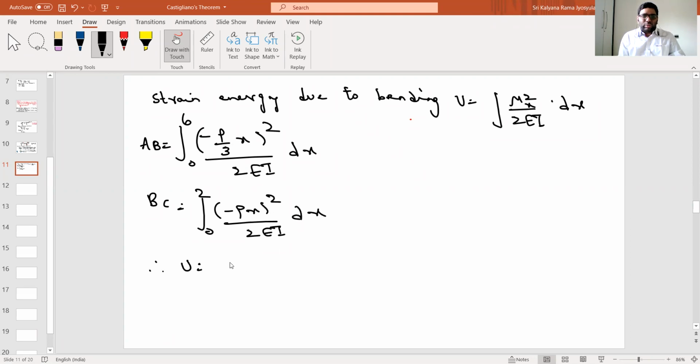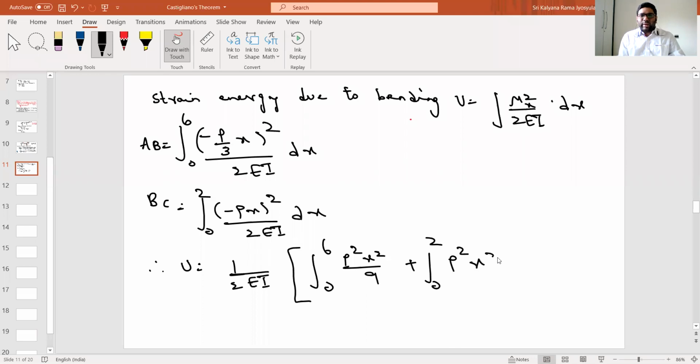Therefore, U is equal to 1 by 2EI, taking the common out, into integral 0 to 6 P square x square by 9 plus integral 0 to 2 P square x square dx, isn't it?